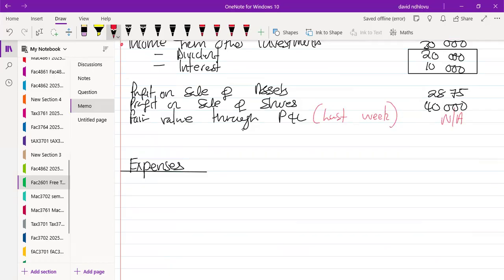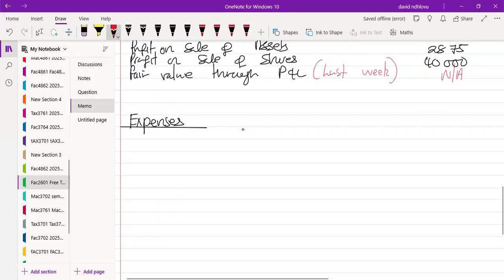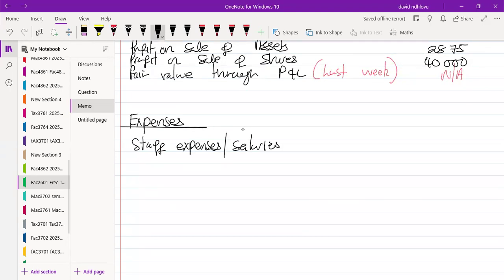Right, other expenses. What do we disclose? Right here, we disclose a number of things. We disclose salaries. Sometimes we call that staff expenses or simple salaries. We disclose the auditor's remuneration.